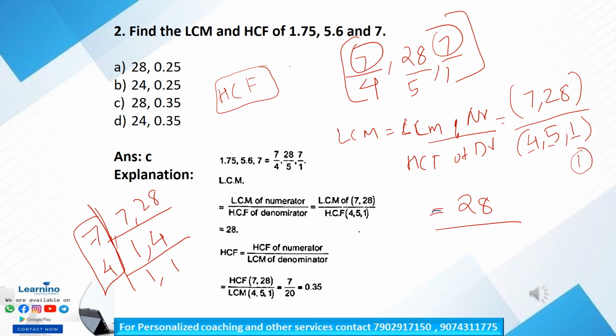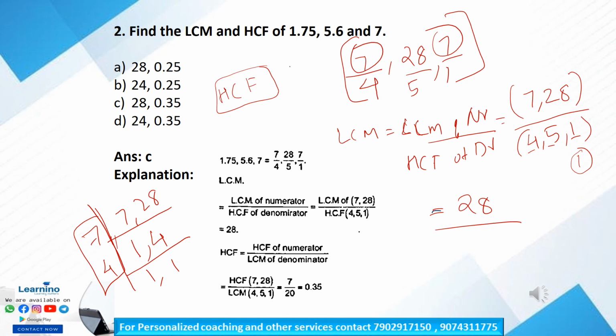Using prime factorization or long division, the highest integer which divides 4, 5 and 1 equally is its HCF. So 1 is the only number that can divide 5 and 4. We can write the HCF of 4, 5 and 1 as 1 itself.